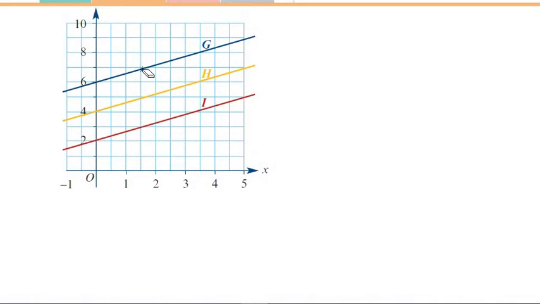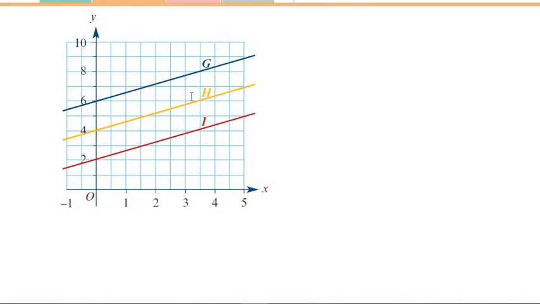Alright, the last Cartesian coordinate plane I'm going to show you has G, H, and I. The relationship between the linear lines G, H, and I is that they are all parallel to each other. When they are all parallel, the incline, or the angle between the line and the horizontal level, is the same.